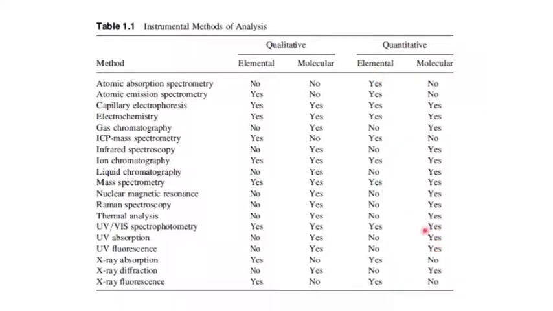And then, yes, it can tell us how much of a particular molecule is present, because it is molecules that we are measuring. And there's a bunch of others here, but generally we'll only be talking about UV and UV-vis spectroscopy and atomic spectroscopy. But if you're interested, you can see the others here. Gas chromatography, ICP-MS, infrared, that's a common one.